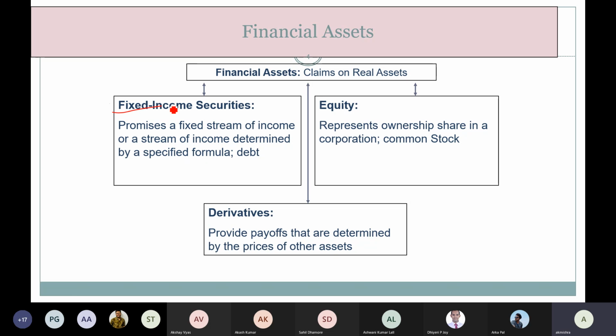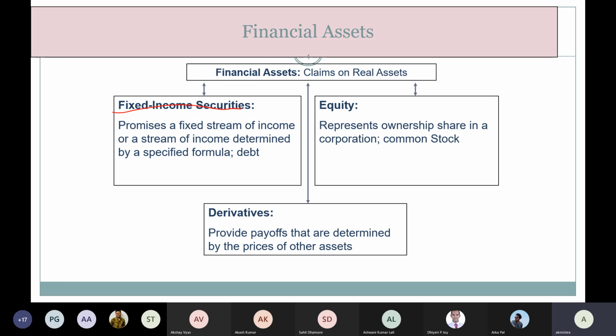One category is fixed income. Fixed income means we talk about bonds or debt characteristic instruments. We call it fixed income because when we look at the characteristics of a bond, when you purchase a bond, you will get a certain coupon or certain interest based on the stated conditions when you purchase your bond or debt instrument.